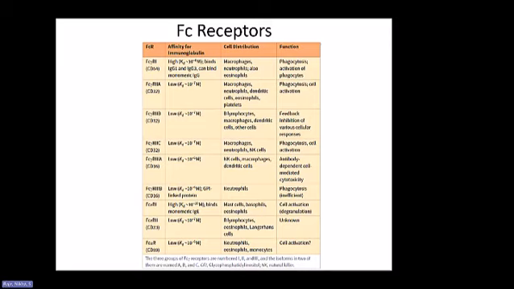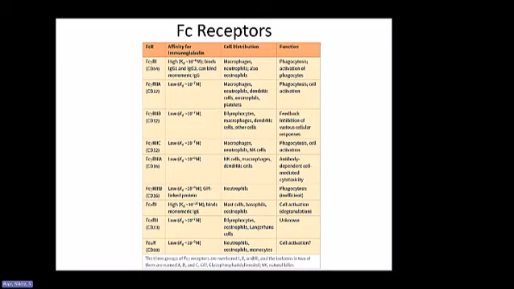The most important activating receptor for gamma is Fc gamma R1, important for phagocytosis, as we just looked at. Also R2A is important for phagocytosis. R2C, similar, and then R3B is CD16. It also helps somewhat with phagocytosis.